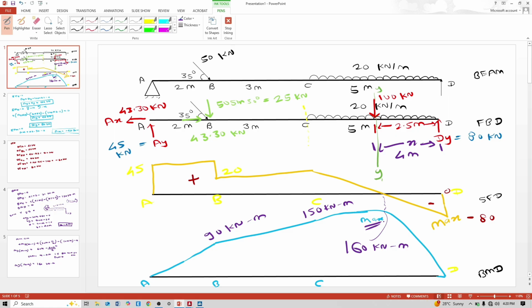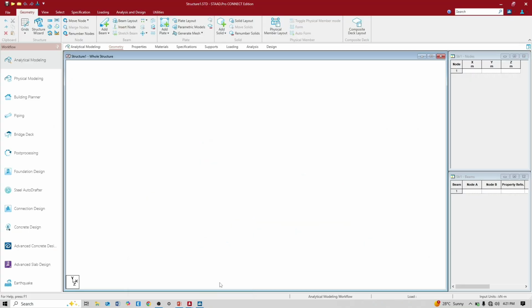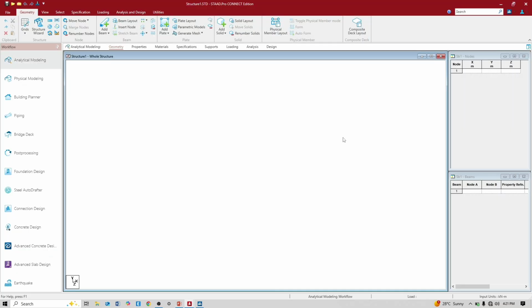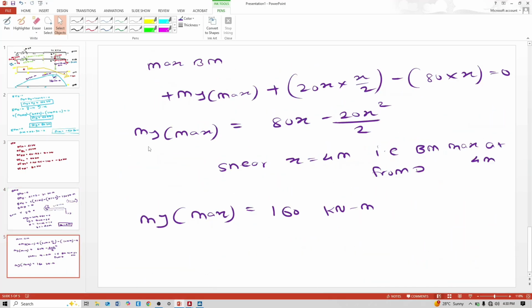Now this same problem we will solve by using STAAD.Pro software also. We directly put this 25 as vertical load. So this is 2, 3, 5. Now we will see this SFD and BMD in STAAD.Pro software.